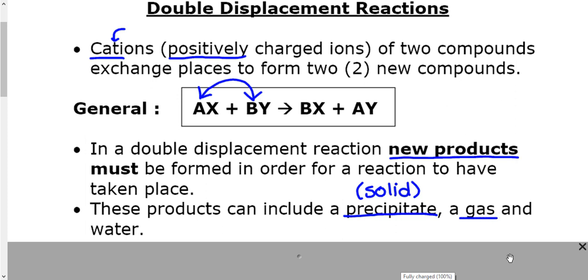That's also possible, and we'll look at some specific examples of gases that could get produced. And then another example will produce water. But what's water? Water is a liquid. So really what we're saying is a new product has to be a solid, a gas, or a liquid being formed, and that will mean we have a double displacement reaction happening.